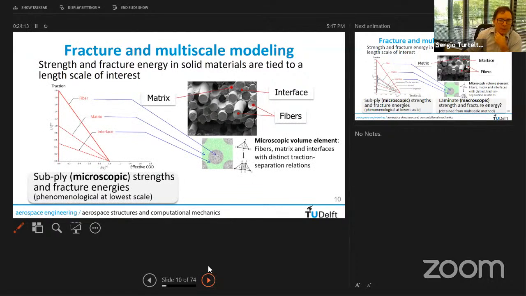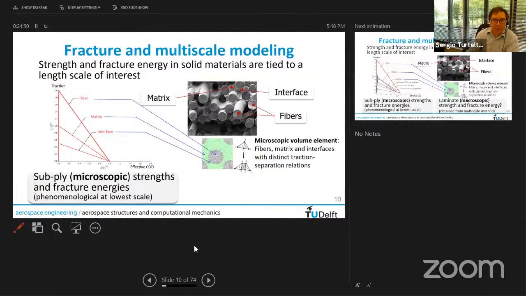So in particular, if I were to do a numerical simulation, and I have here a finite element mesh, where I have a fiber, and I have matrix, and I have an interface, we could use a very traditional modeling technique, the so-called cohesive elements, whereby at the edges of the bulk elements you insert a cohesive element. Depending on where those cohesive elements are, you can indicate that it is a cohesive element for the fiber, or the matrix, or the interface. This is considered to be the input for the simulation.